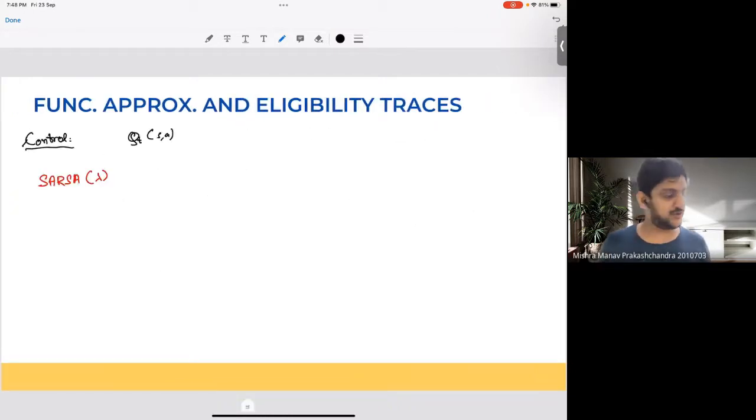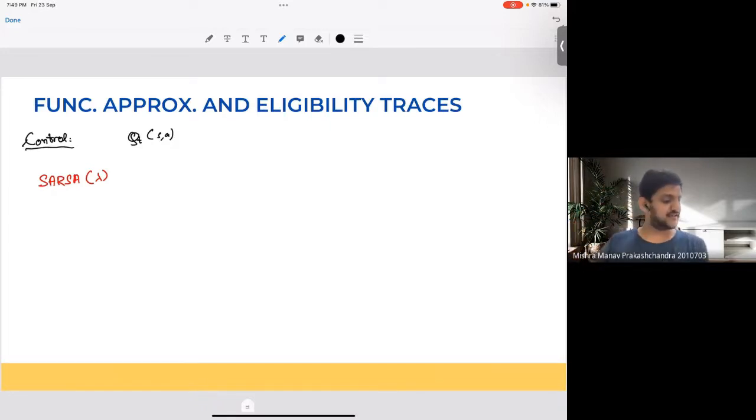Next up, we come to the control aspect of it. For control, I use my Q function instead of the value function, the V function.